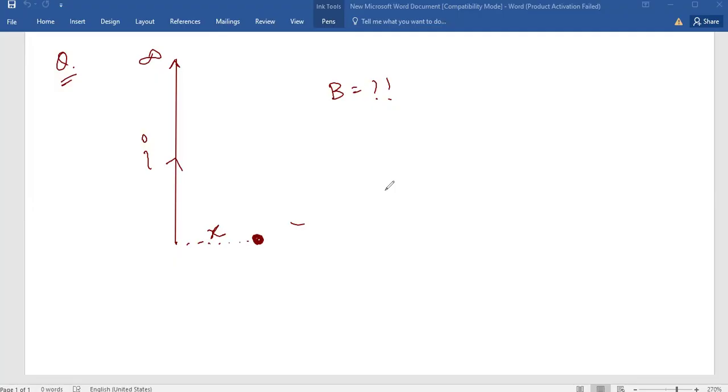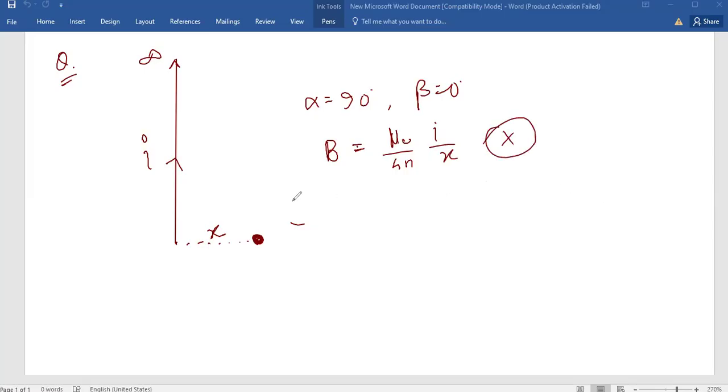Yes, it was 100% correct. Mu naught I by 4 pi x times 1 plus 0. So alpha is equal to 90 degree, beta is equal to 0 degree. That's it. Good. So our magnetic field will become mu naught by 4 pi I by x. This is the answer. And cross sign.